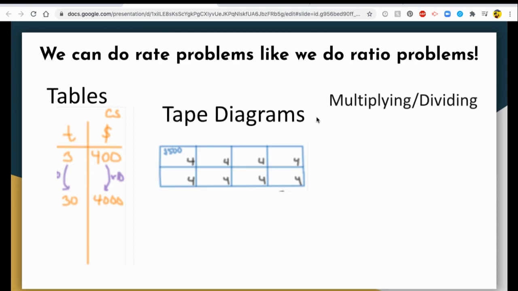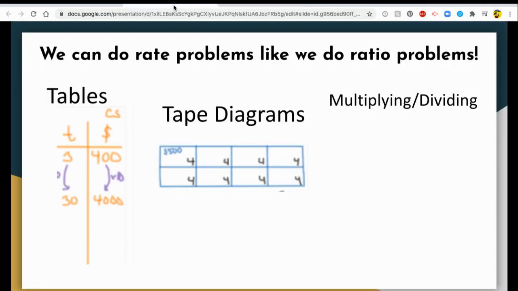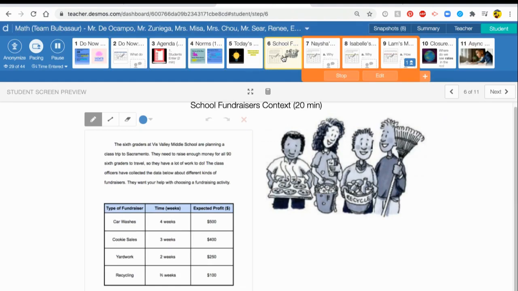And we've also been using things like multiplication, division, and addition. And those strategies are still really good for doing rate problems. And this whole fundraiser activity has rate problems, okay? So, we'll skip that one. That's another video that we had in class. So let's go over the activity that we had to do.